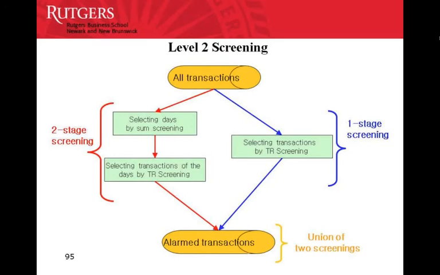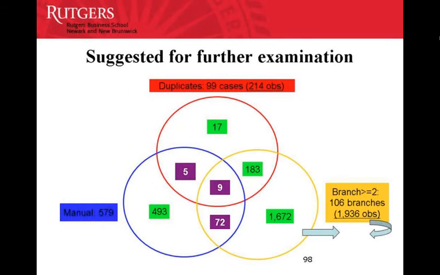Okay, now this is what I was mentioning to you before. This is Youngbum Kim's work. And this is manual entries. This is more than 2 branches related to that transaction. And this is duplicates. And so he had 214 duplicates, 1,900 double branches.